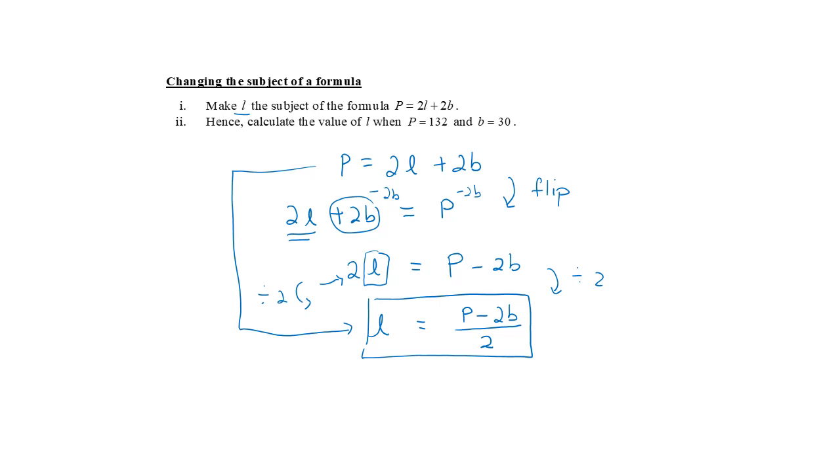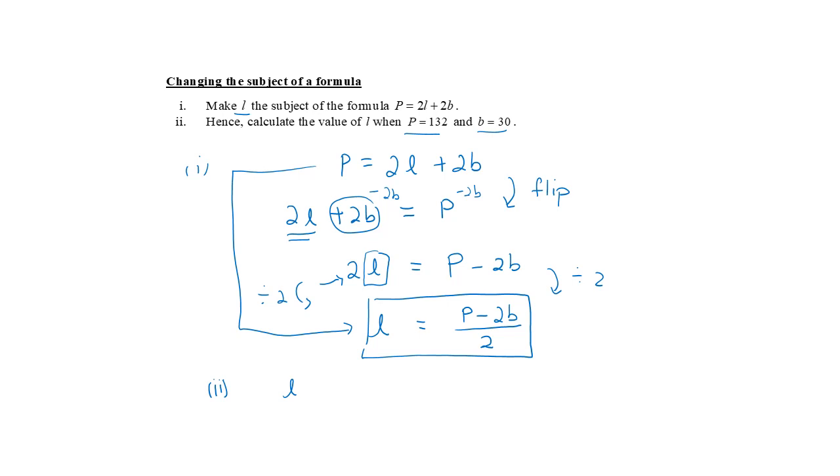Once you have done this, you will be able to do the second part of the question, which asks you to find the value of L when P equals 132 and B equals 30. So we can easily use what we have found.